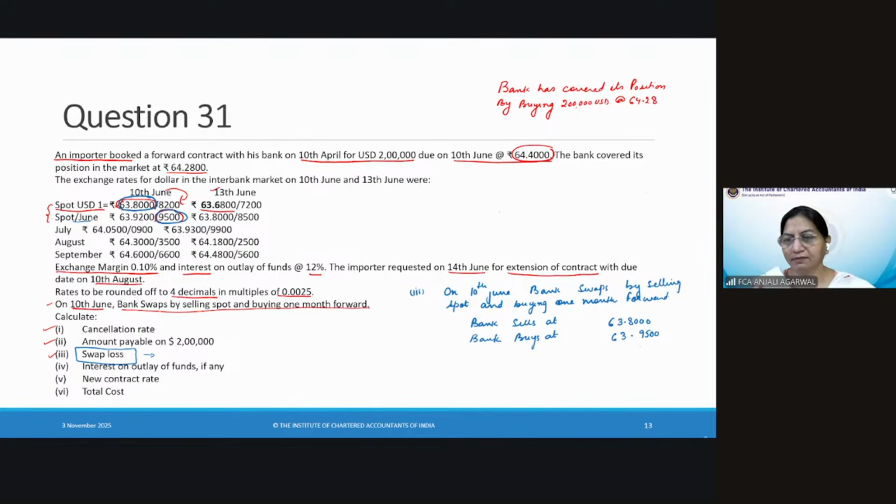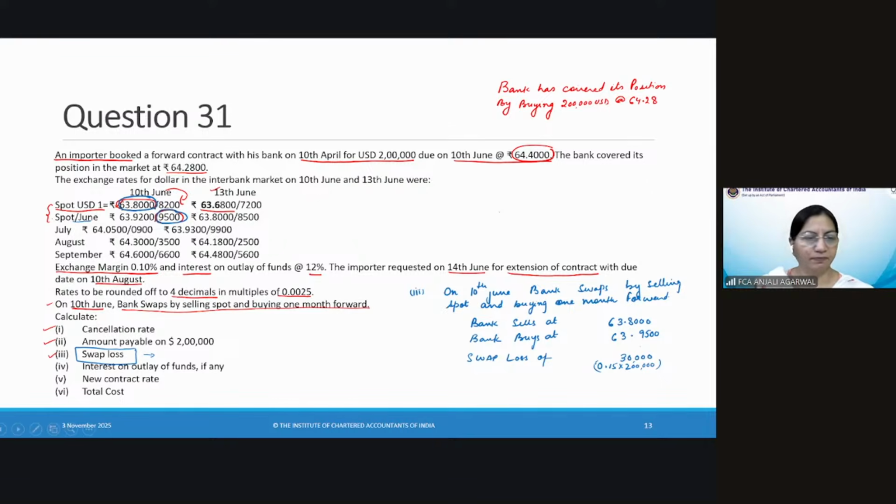So technically this is a swap loss of 0.15 multiplied by 200,000, which is 30,000.